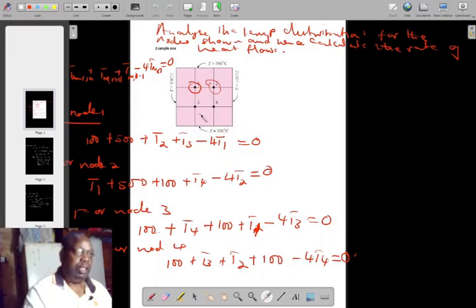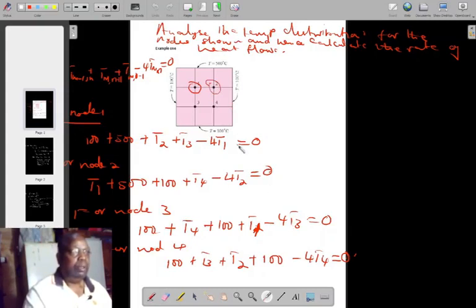That face is in direct communication with node 3 and node 4. And this face is in direct interaction with node 2 and node 4.